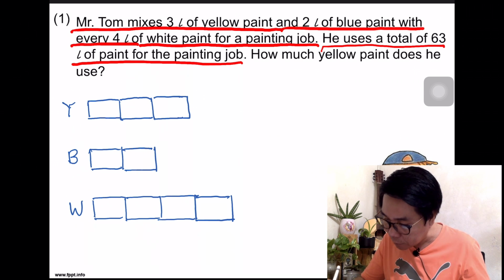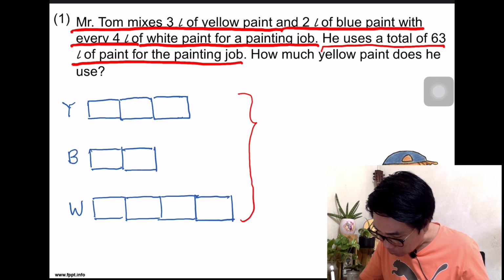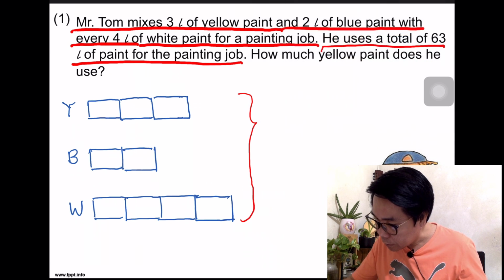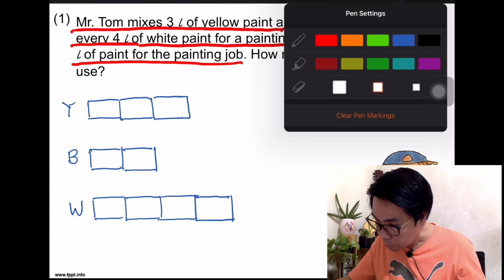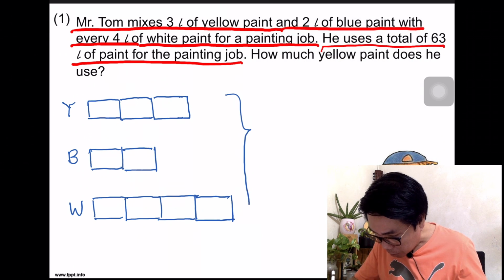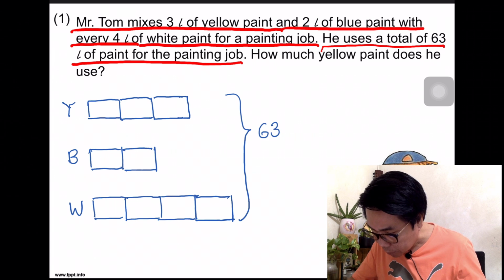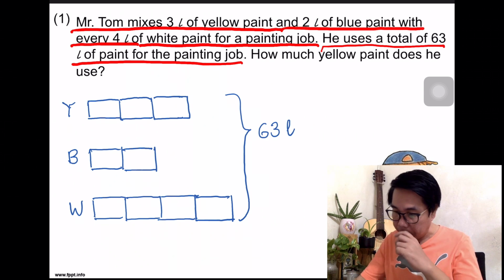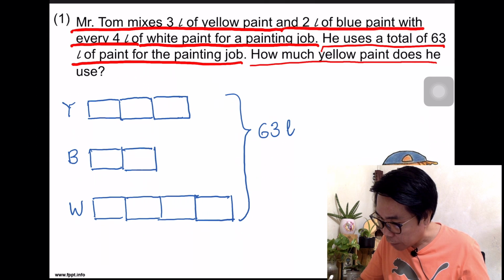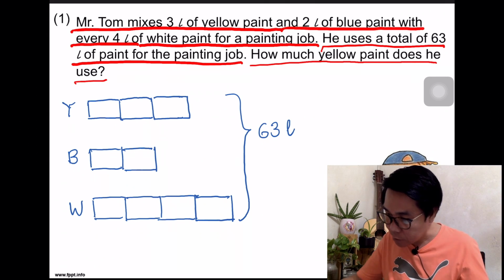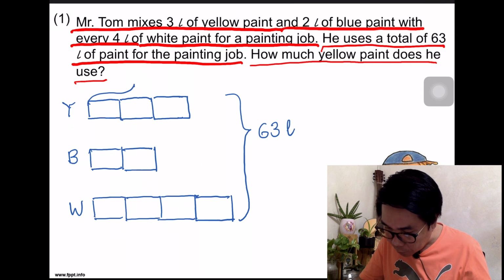So 63 liters, a total. Okay, and then the question is, how much yellow paint does he use? So we're looking for this yellow paint. So this is a question mark.